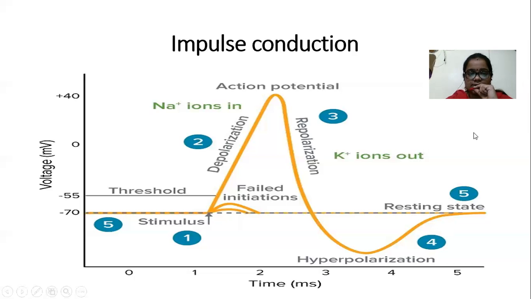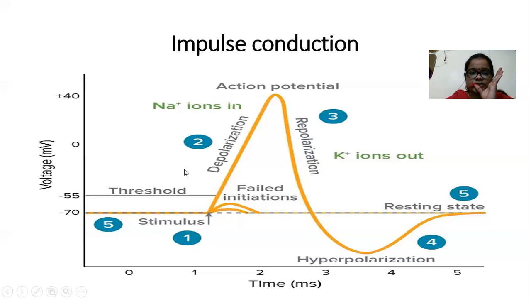So the total process consists of what? First a stimulus is applied to the resting neuron, whose membrane potential is minus 70 millivolts. When the stimulus is applied, the voltage increases from minus 70 millivolts to minus 55 millivolts.